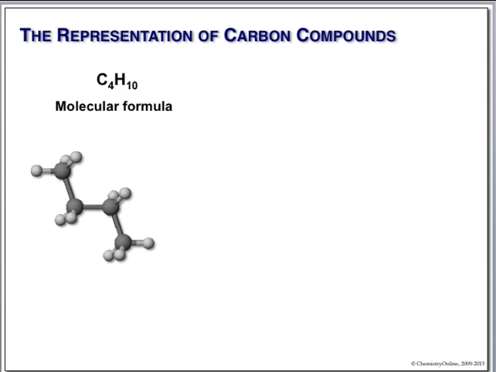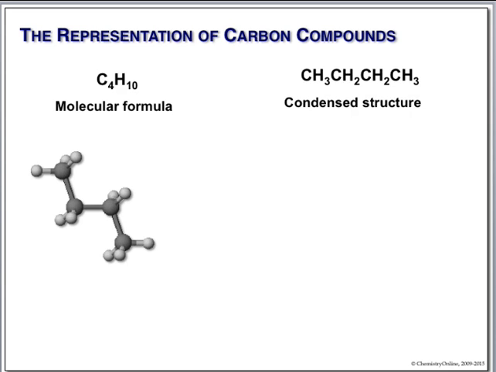So we have to find some way to represent carbon compounds quickly and simply. The simplest way, of course, is our molecular formula, but that tells us nothing about the molecule. This is our ball and stick model, we can do a little bit better here with what's called a condensed structure.